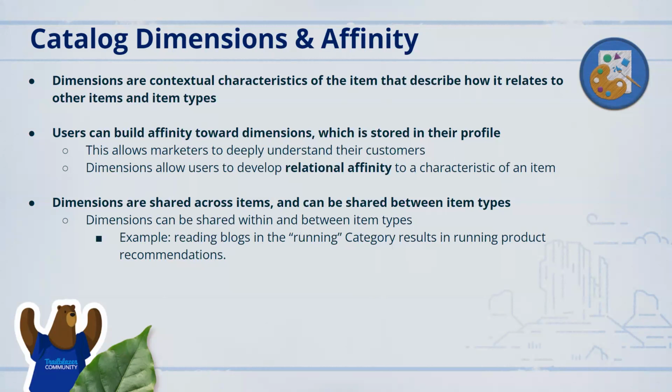One big difference between dimensions and attributes is that dimensions can be shared across item types, whereas attributes are unique to that item. So products and blogs can both use the same value in the category dimension.